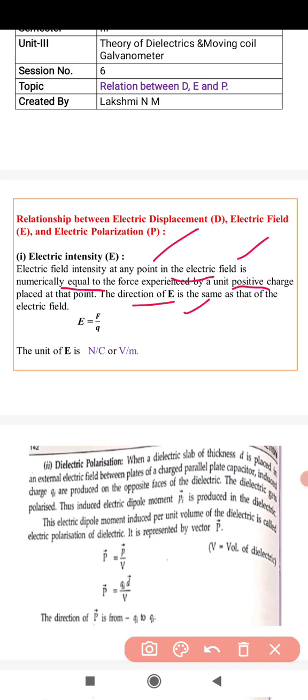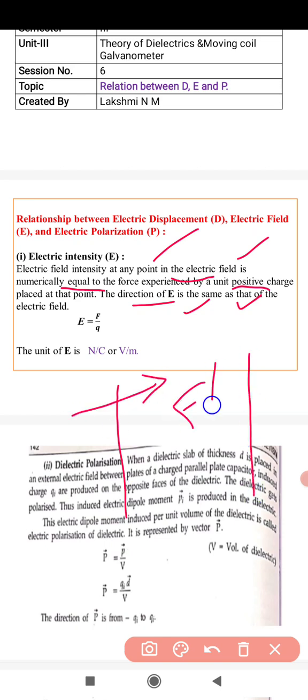The direction of the electric field intensity E is the same as the external electric field. So electric field intensity is numerically equal to the ratio of force experienced per unit positive charge, in the direction of the applied electric field.